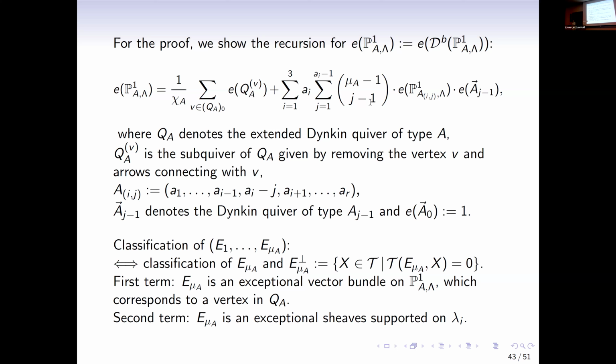So this corresponds to the exceptional vector bundles, and here corresponding to the exceptional sheaves supported on the orbifold points. Then by considering a similar story, we get this recursion, and we can solve this, and we get the previous one.